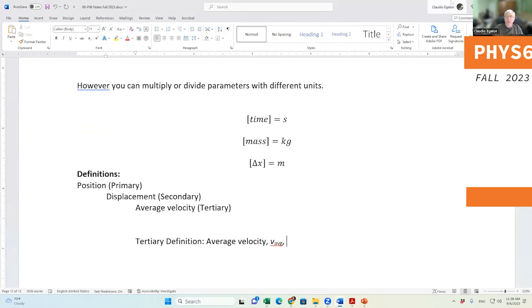Certain books represent average velocity another way, with a bar at the top of the V letter.